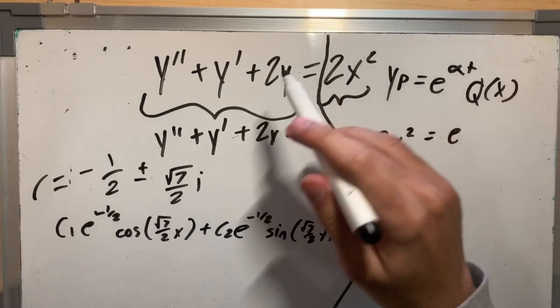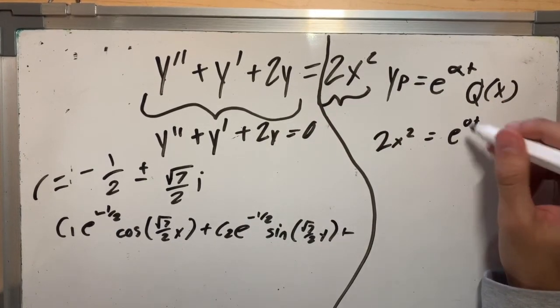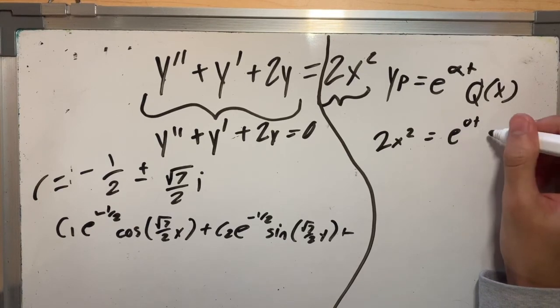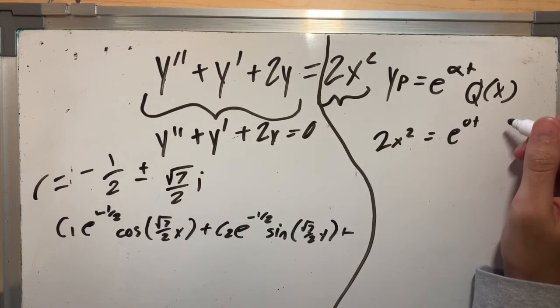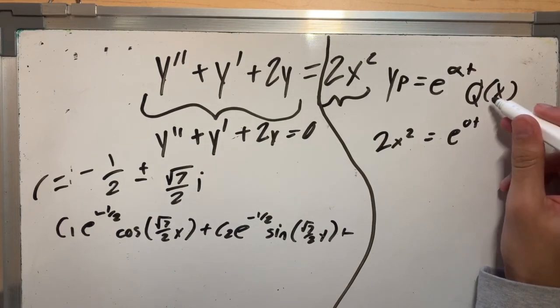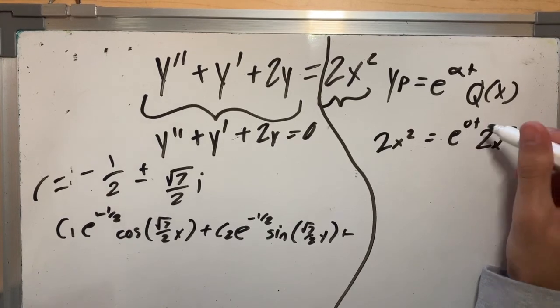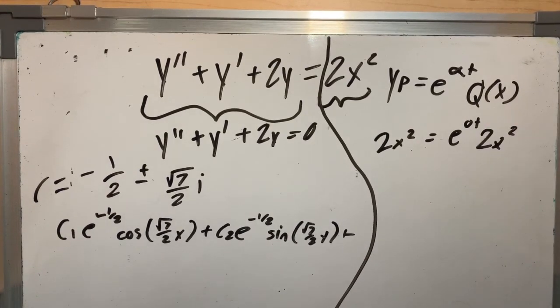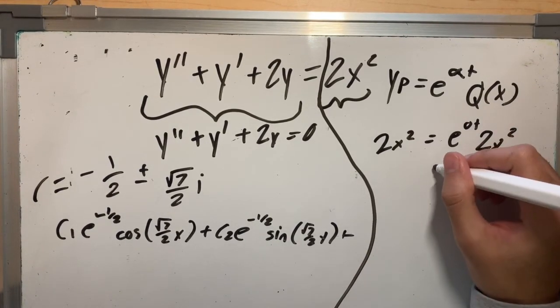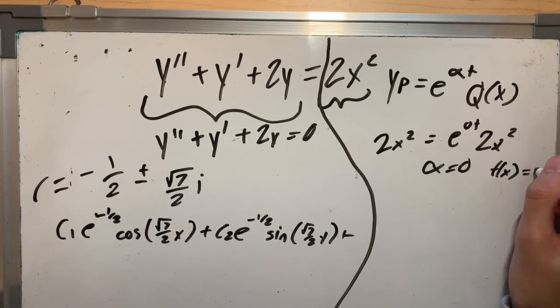If there's no e on the right side, you already know that this is equal to 0t, because that would equate the entire thing to 1. And we have q of x or g of x or whatever you want to say. It's just a function. We know the function will be equal to 2x squared. So therefore we know that this is equal to 0, and our function is equal to 2x squared.